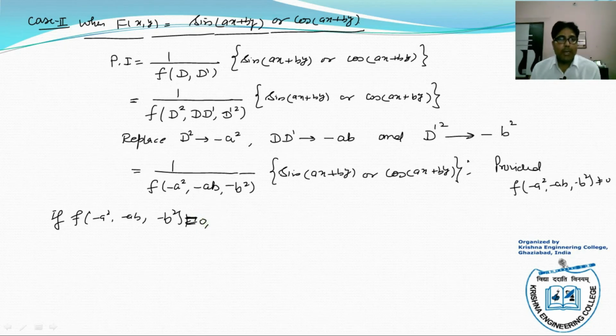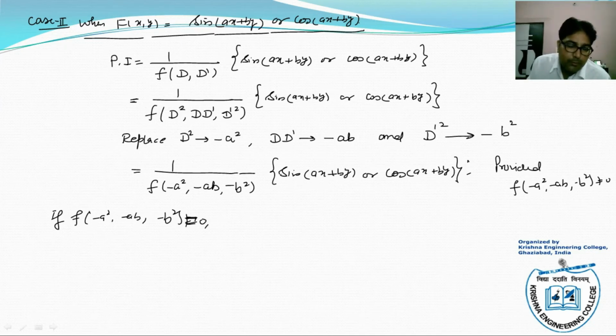So we multiply by x and differentiate the denominator partially with respect to capital D. Or we multiply by y and differentiate the denominator partially with respect to capital D'. Sorry, capital D'. Clear? And the rule is similar.